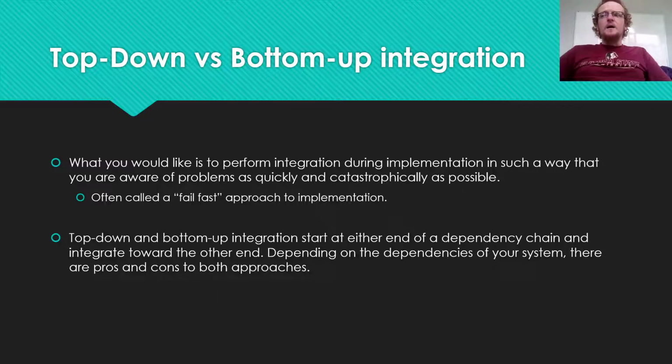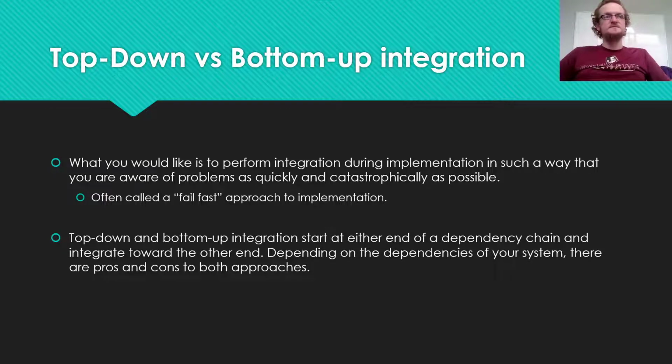So there are two primary ways of doing this, and again, it's kind of a continuum situation. On one end, you have top-down, and on the other end, you have bottom-up integration. And basically, what you can think of is in your system, or in your stack of subsystems, you're going to have some systems that call other systems.